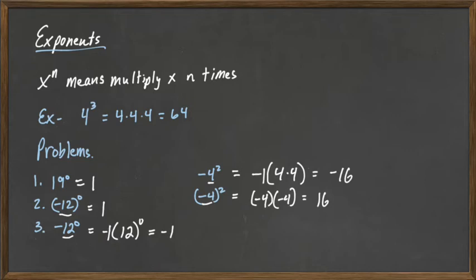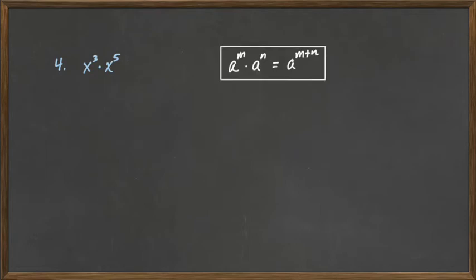All right, let's move on to the next slide. And here we have x cubed times x to the 5th. Now there's a property for exponents: a to the m times a to the n is equal to a to the m plus n power. So you can see in this problem, all we need to do is add the exponents. We're going to get x to the 8th power, since 3 plus 5 is 8.